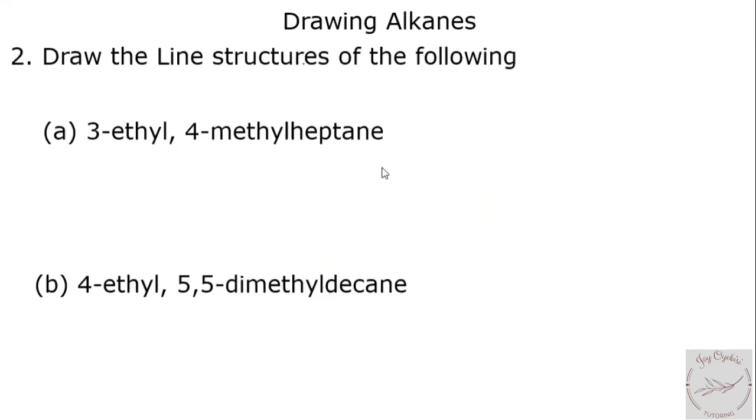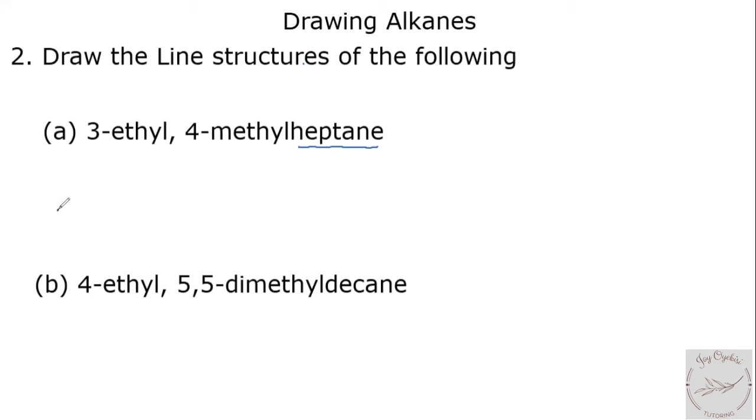Okay, so for this one, we're asked to draw the line structures of the following. The A is 3-ethyl 4-methyl heptane. And as usual, we're going to consider this root here. Now, this is telling us there are 7 carbons. And in line structure, you start by putting down a dot.